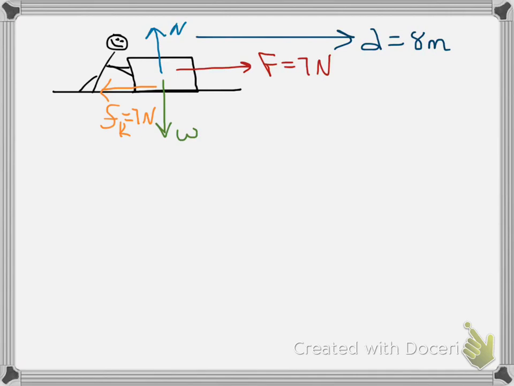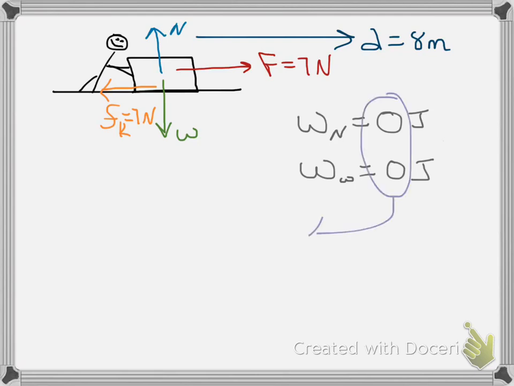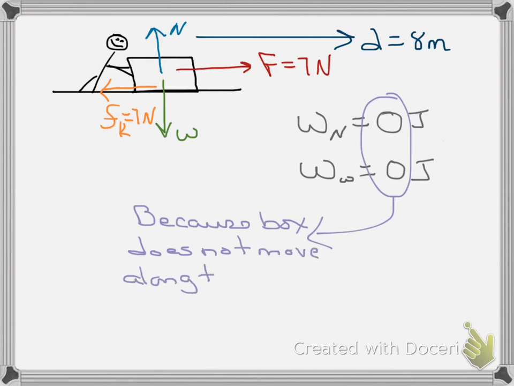Well, the box moves horizontally, but the normal force and the weight force both point in the vertical direction. So the box is not moving along either the line of the normal force or the line of the weight force. It doesn't move in either of those directions. Therefore, the work done by the normal force and the work done by the weight force in this example are equal to 0 because the box doesn't move in those directions.